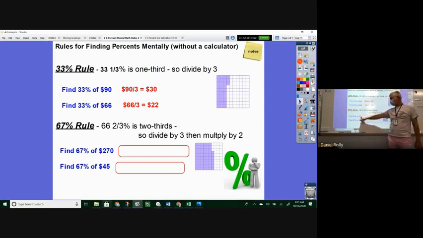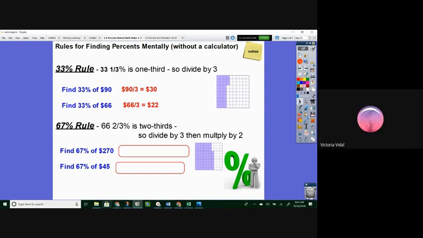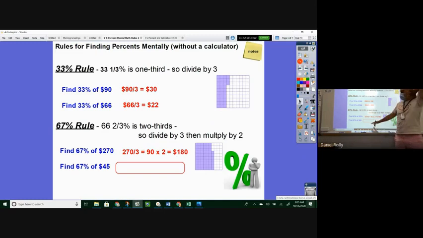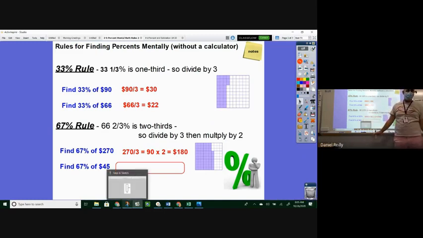So this one is 270, divided by 3, that's 90, and then times 2 is 180. Now, you really don't have to know how to do any of these. I can't test you on them.